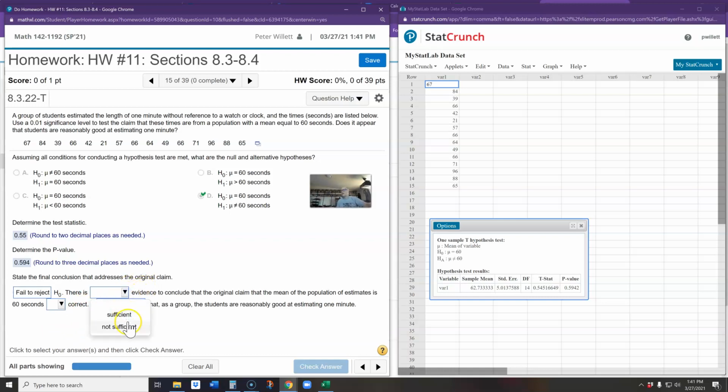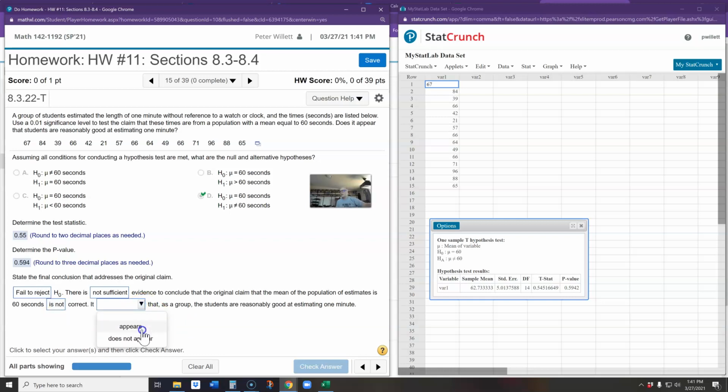So we have not sufficient evidence to conclude the original claim that the mean population of estimates is 60 seconds is not correct. The null hypothesis claim was 60 seconds, and there was not enough evidence to say that that's not correct. Kind of a double negative there.